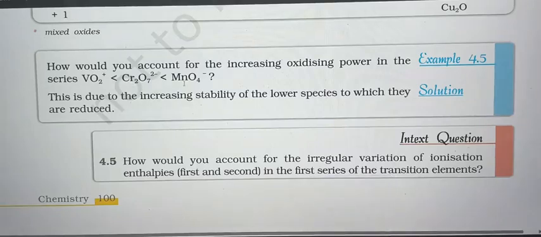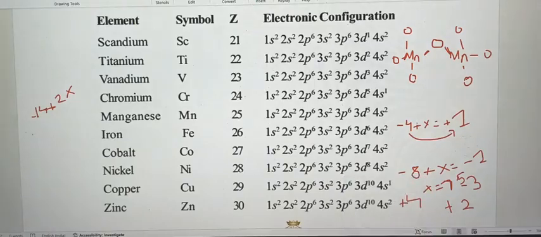In manganese, only 1 was there, so we directly wrote x. Over here we have to write 2x, and that equals -2 because that charge is present at the top. So 14 minus 2 is 12, then 2x equals 12, divided by 2, 6 is the oxidation state.